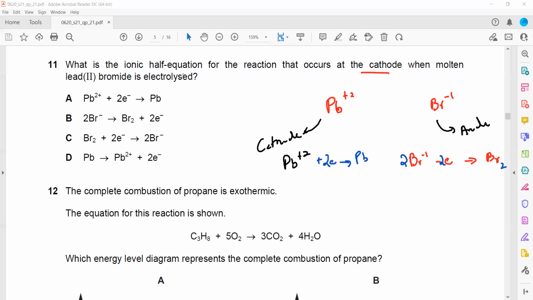So the question is, for the equation at the cathode, lead should be there. So it cannot be B or C, because in those bromine is there, bromide ion or bromine. So lead ion is attracted towards the cathode, it will gain electrons and turn into a lead atom.